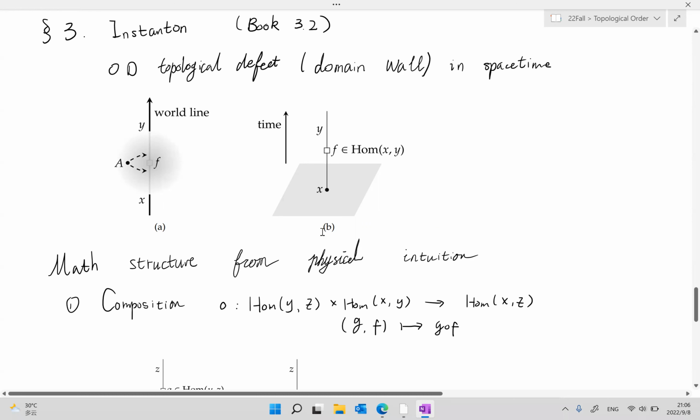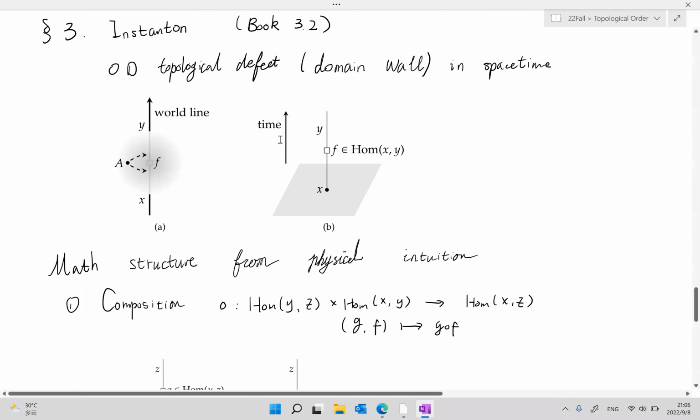The basic idea is that at a point it can be a defect X, and some time later it may become another defect Y. So there is a transition between X and Y in the time direction. The position is fixed, so it just transforms to Y at the same position at some time.